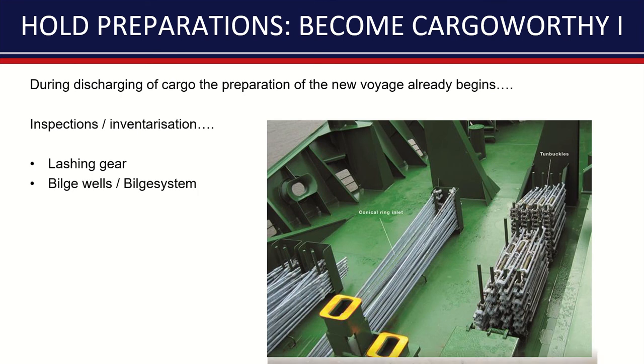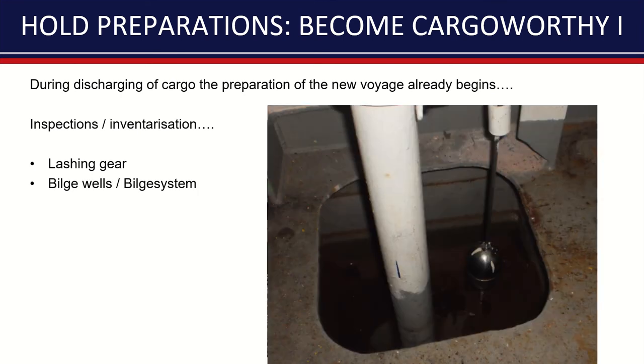Bilge well systems. Before loading, you need to test the bilge wells in the cargo hold, and you need to make sure that in case a fluid leaks in the hold, and this fluid ends up at the lowest point of the hold. Usually if we have stern to the aft, it comes to the aft bilges.